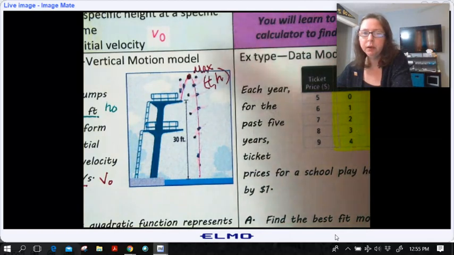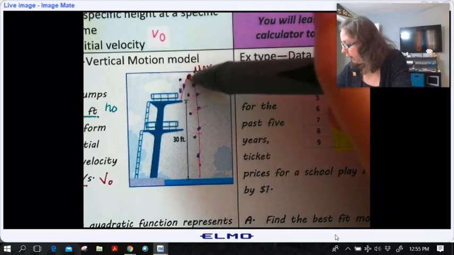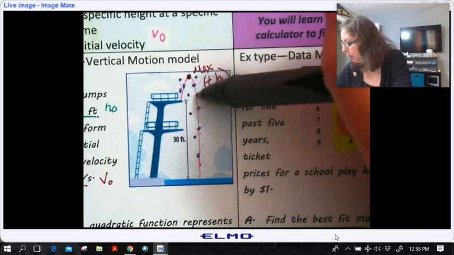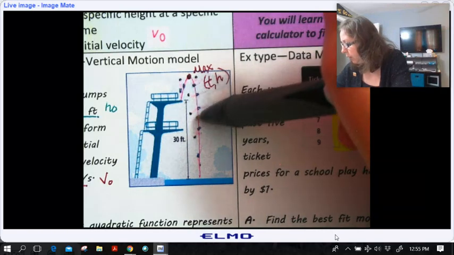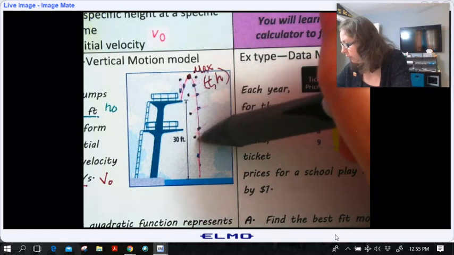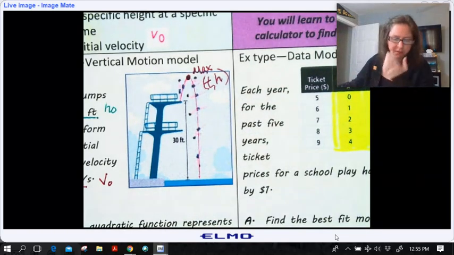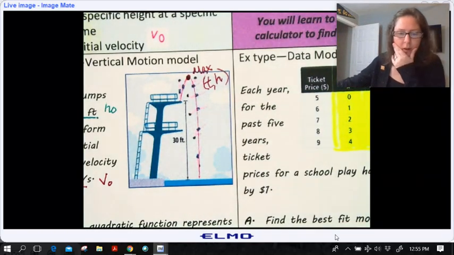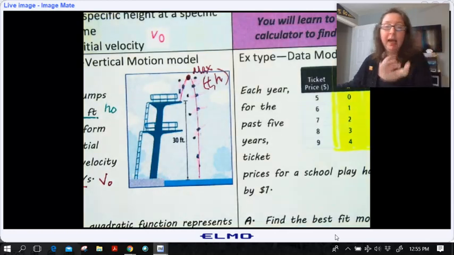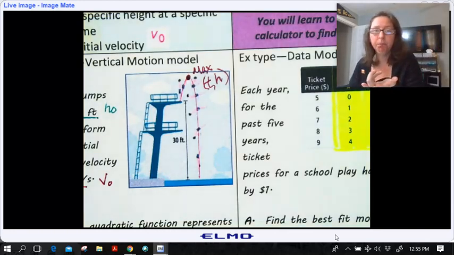And so you could estimate and say, well, another half second to get down, that's 1 second. I'm estimating 2 seconds, 3 seconds, 4 seconds. Maybe between 4 and 5 seconds somewhere. That would be a good guess.